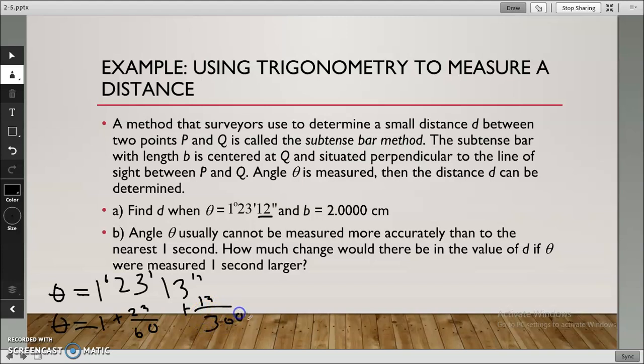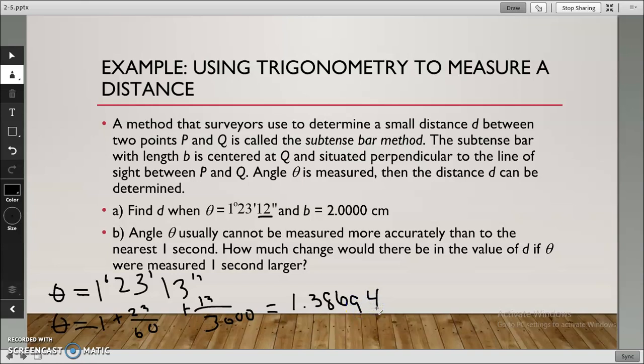And I would do everything that I did before. I would plug it right back into the exact same equation, except, let's see what that turns out to be. So that's 1 plus 23 divided by 60 plus 13 divided by 3600. It would be, instead, my degree would be 1.38694 instead.